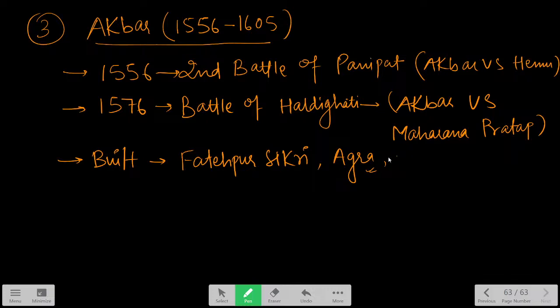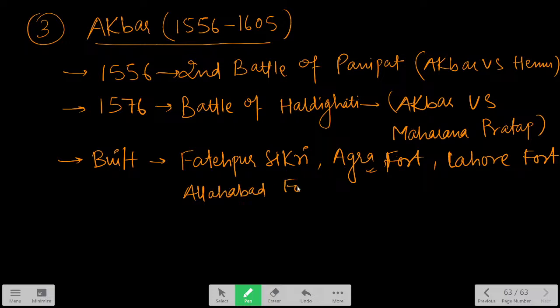Agra Fort was made by Akbar. Lahore Fort was made by Akbar. Akbar is very important, so I'm just writing it. Allahabad Fort, and even Humayun's Tomb in Delhi, was built by Akbar.